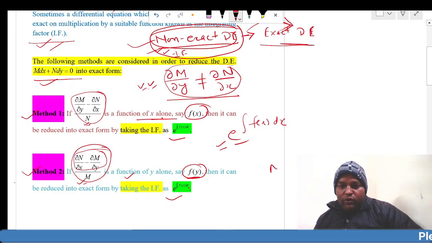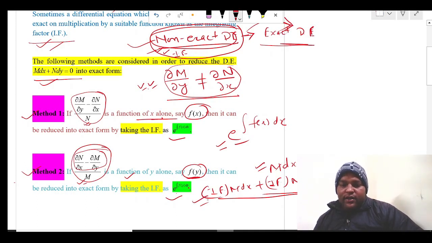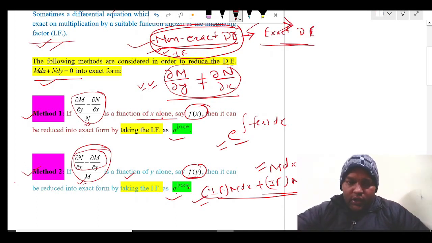It means when we multiply the given non-exact differential equation by this integrating factor, the resulting differential equation is in exact form, so we can write its general solution.